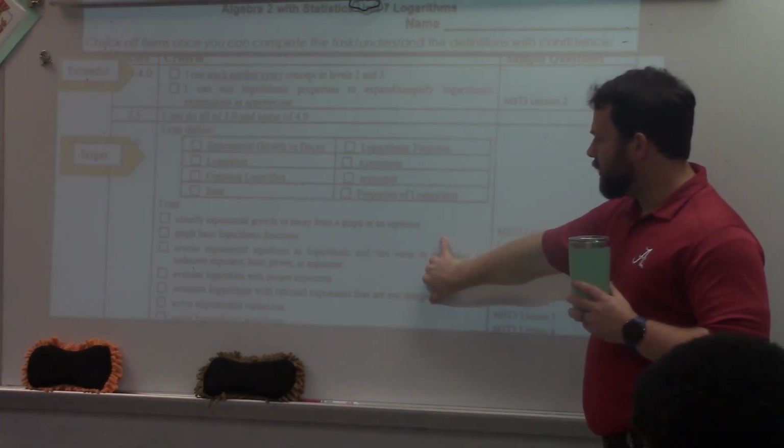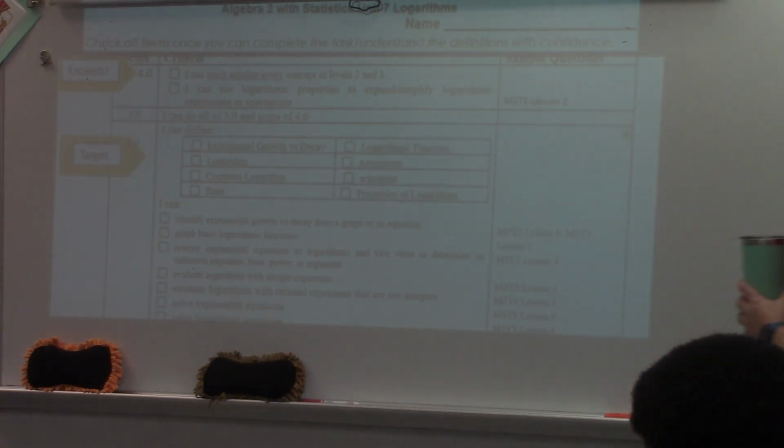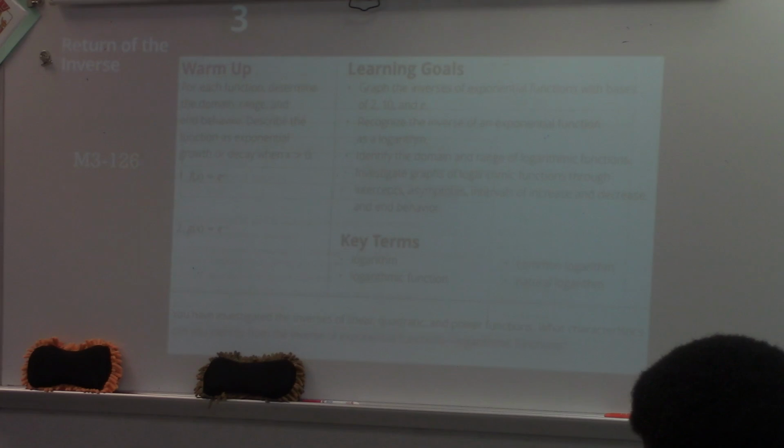So we're essentially going to be doing this entire little section. Solving exponential equations and logarithmic equations is the next piece. So we're going to be working lesson 3 on all those concepts. We will continue practicing those within the next set though.